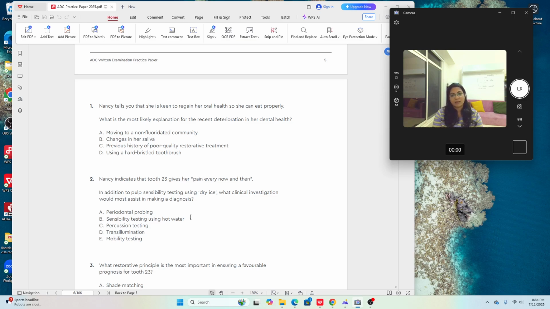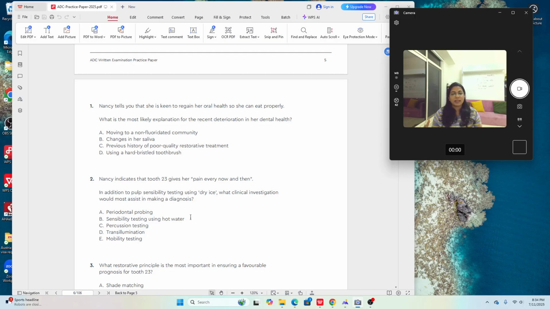If there is a periapical lesion and the percussion test is positive and the pulp is also irreversible pulpitis, then your diagnosis is irreversible pulpitis with periapical inflammation. You understand? So that full diagnosis comes, and that's why the full diagnostic testing has to be done.